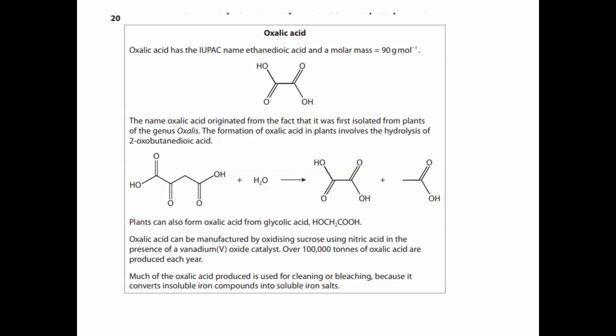So we know how to find the atom economy. The atom economy equals the mass of the desired product divided by the mass of all the reactants, times 100. Now our desired product is oxalic acid and its mass is given here.